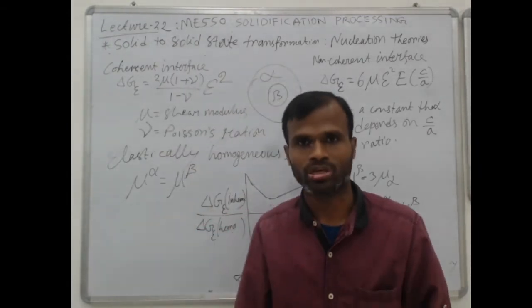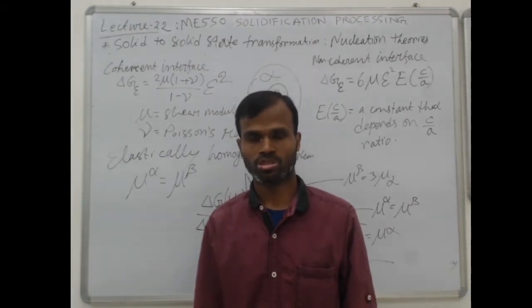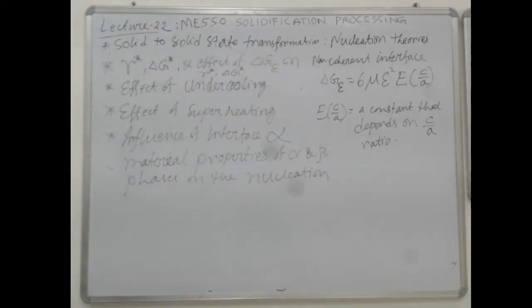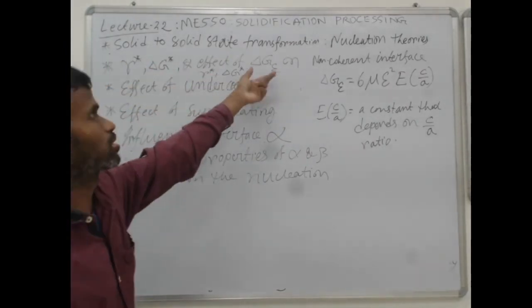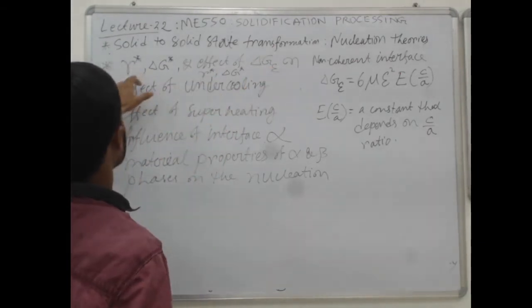This is all what I wanted to discuss about solid to solid phase transformation, the nucleation. So this is what we have discussed in brief. We started with the theories of nucleation. Then we discussed the critical size, critical energy, and how the elastic strain energy term affects these two parameters.